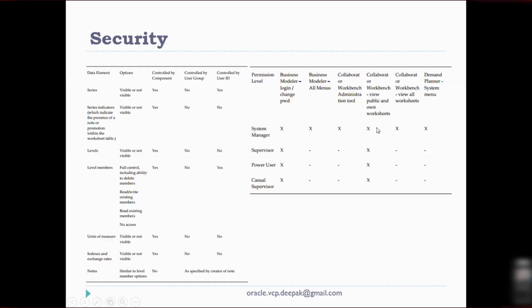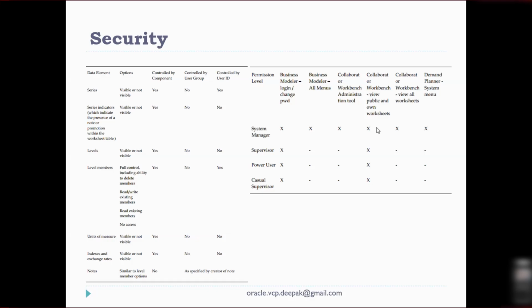He can log into the business modeler. If he logs into the business modeler, it means he can amend the engine parameters, he can delete a series, he can create a series. The system manager should have that kind of access. So he can do everything.